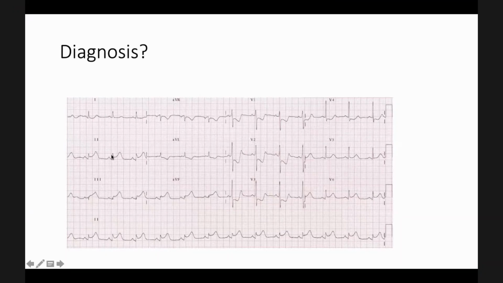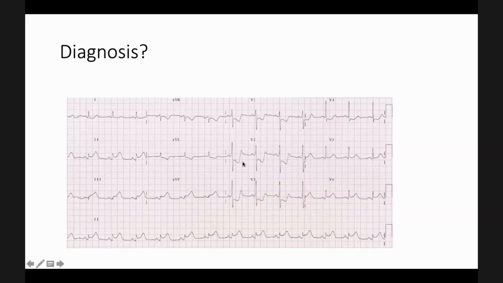You can see ST elevations in leads 2, 3 and AVF. Yes or no? Yes. What else is there? You can see the ST depressions in V1, V2, V3. What is this? If there are ST depressions in V1 to V3 along with the inferior MI, this is a posterior MI.